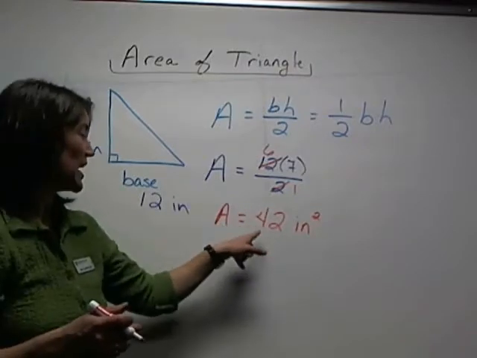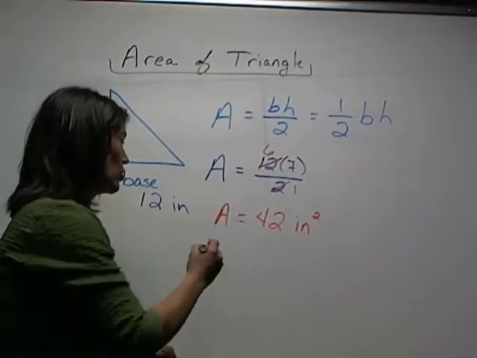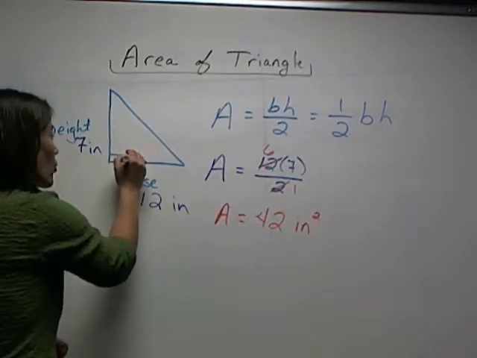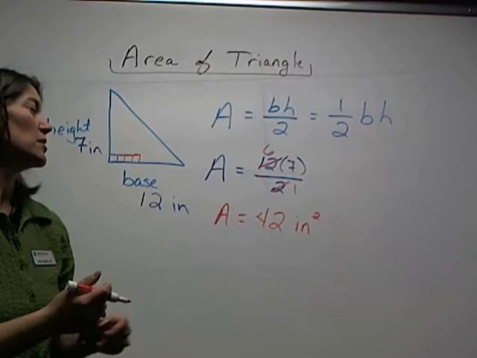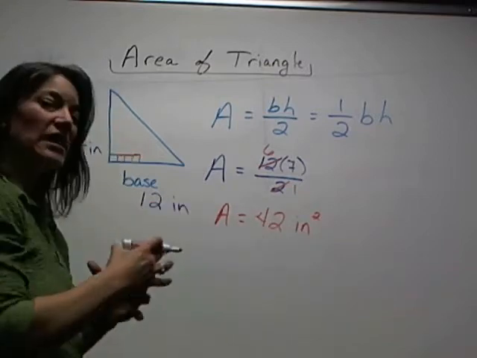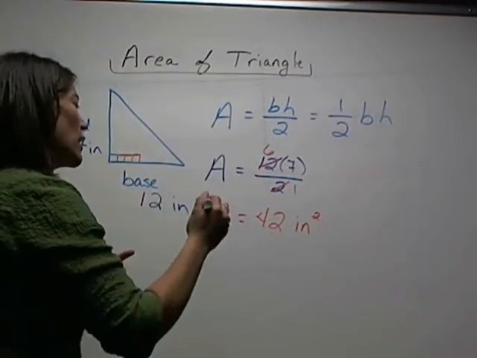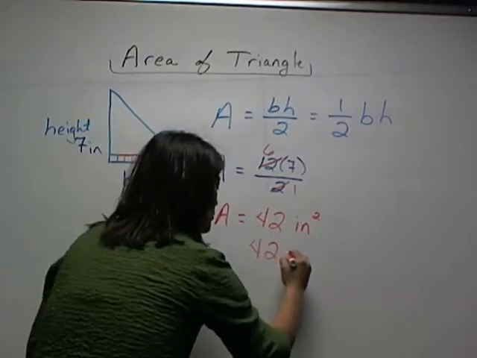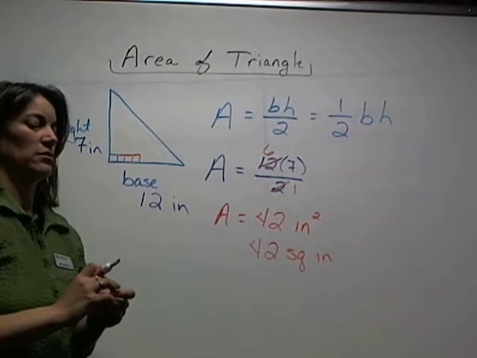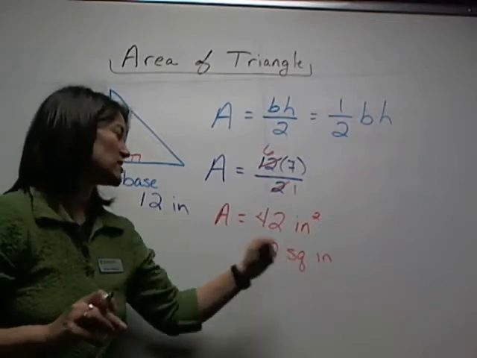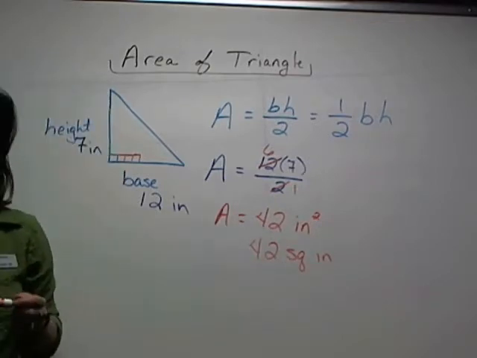We already did the multiplication. There would be 42 1 inch by 1 inch squares that would cover that surface. So we call it inches squared. If you're not comfortable with using the little square, you could write it out 42 square inches. So you could just use SQ as your abbreviation for square.